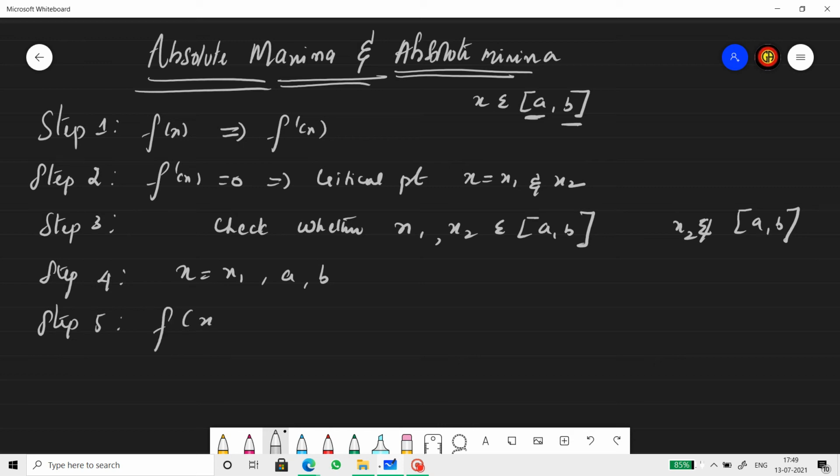So find f of x1, find f of a, and then find f of b. The least out of the 3 will be the absolute minimum. The highest out of the 3 will be the absolute maximum value.